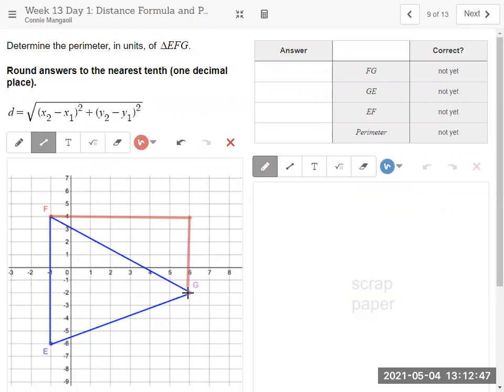So forget this triangle below, and let's focus on the right triangle above, okay? This right triangle here. Now let's count. This is 1, 2, 3, 4, 5, 6, 7. And this is 1, 2, 3, 4, 5, 6. All right, so FG is the hypotenuse.